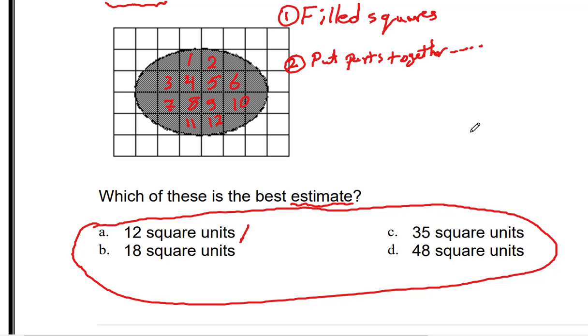Can you tell me why? You don't know? We counted 12 filled squares. So what about the parts here, like this one and this one, and these 2 parts, and so on? What about the parts? So it's more than 12, right? Yes. Okay, so 12 is wrong.